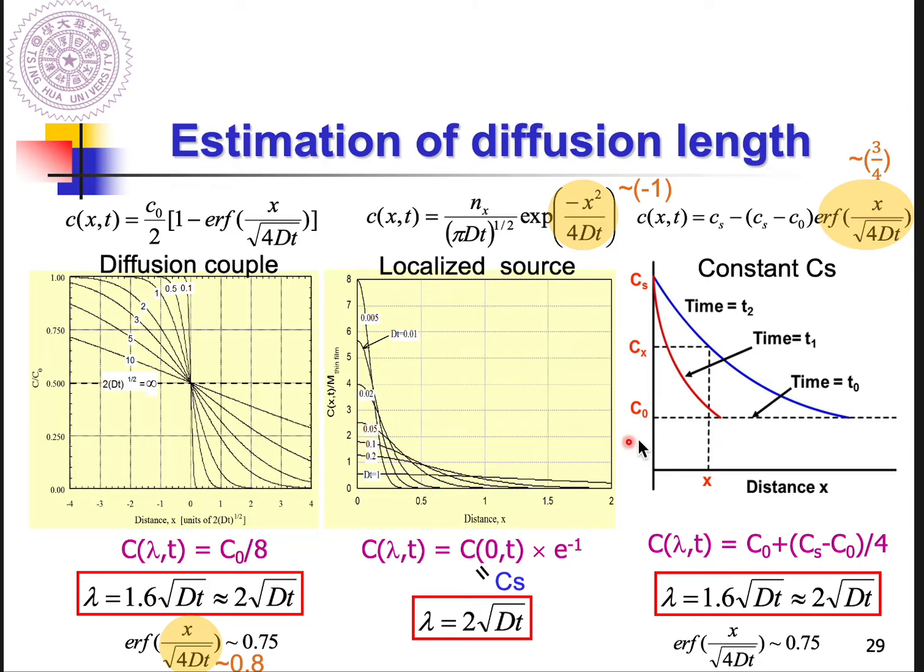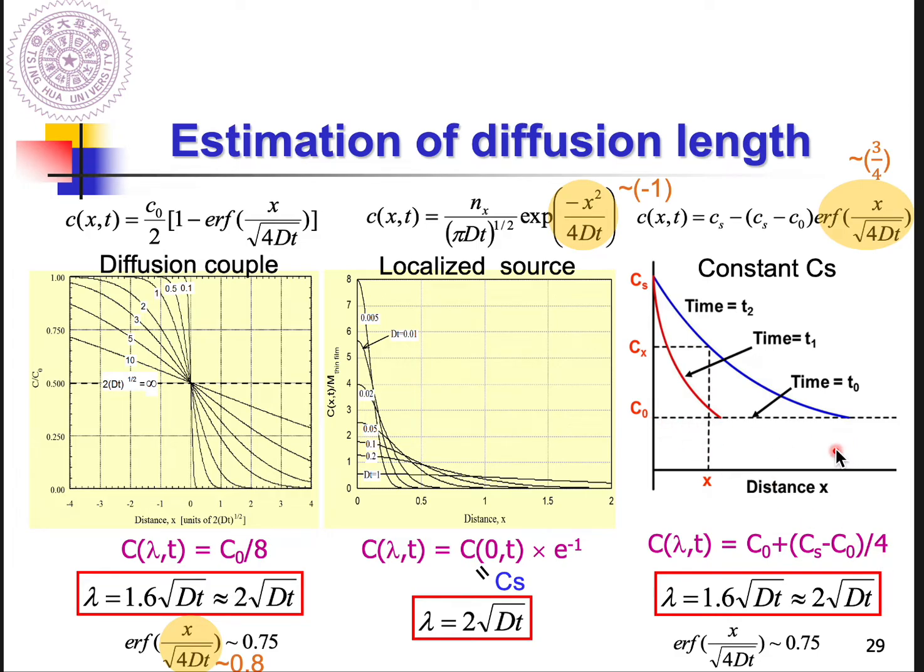And by the way, for this case, if we assume C0 equals 0, this is 0 and this is 0, so this will become CS over 4.